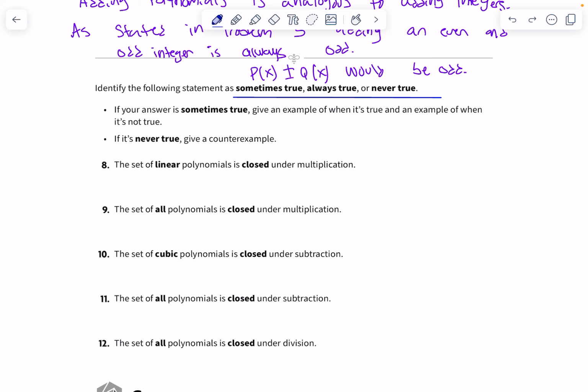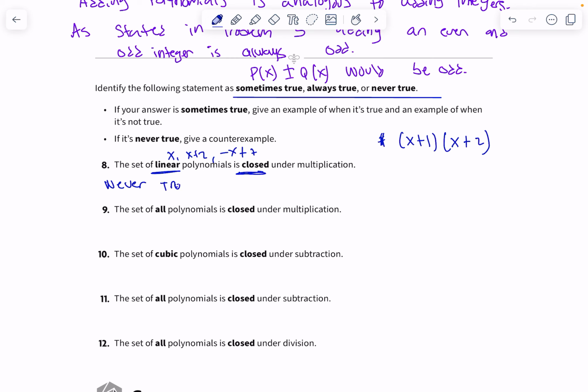Okay, so the set of linear polynomials, linear, that just means x, right? That's all it means. x plus 2, negative x plus 7 million, right? Okay, is closed under multiplication. So let's think about that. If I multiply x plus 1 times x plus 2, is that going to be linear? No, this is never true.